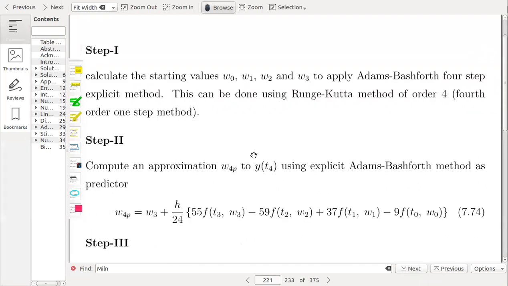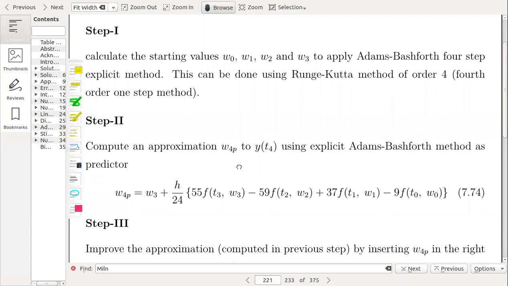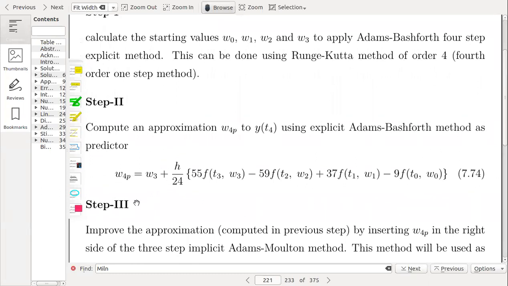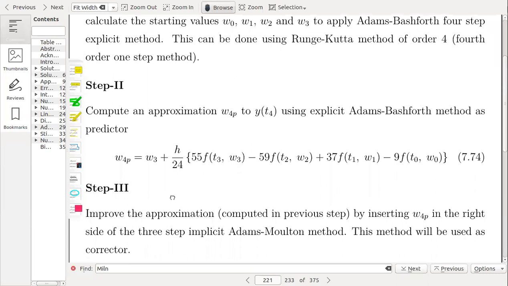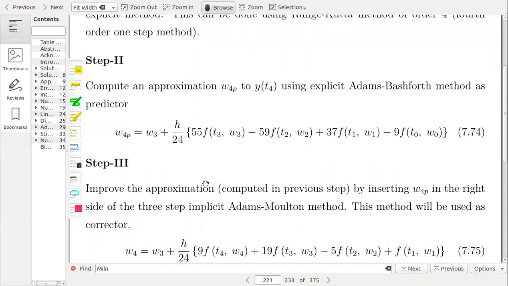If you compute W4 here, this is W4P, meaning the predicted value, using the explicit Adams-Bashforth method as predictor. So this is the predictor part, which we use to predict the solution.